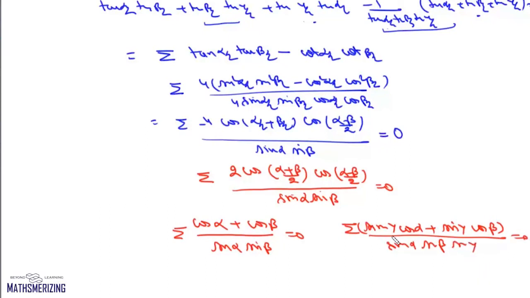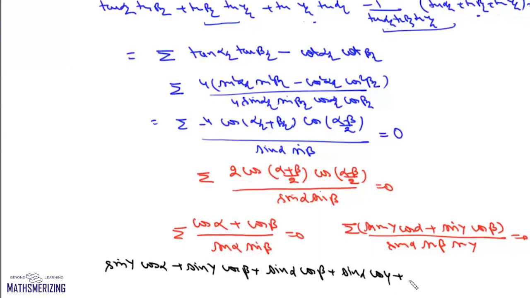Now if we expand this cyclic summation, we'll get sin gamma cos alpha, sin gamma cos beta, sin alpha cos beta, sin alpha cos gamma, and the same way we'll get sin beta cos alpha, sin beta cos gamma, and it should be 0.